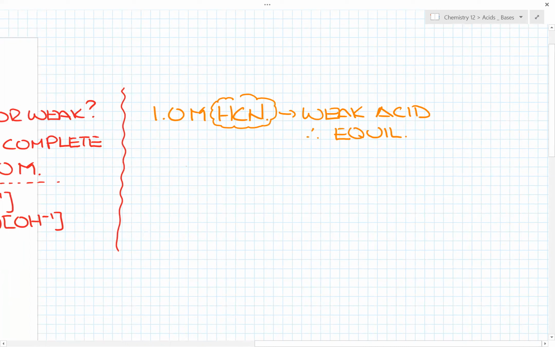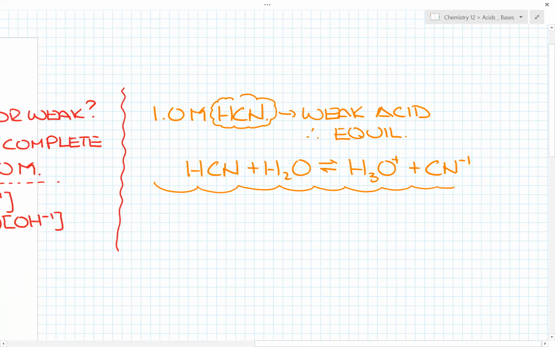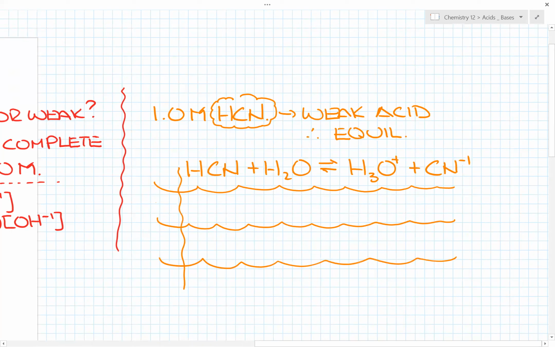So how do we approach this? HCN, you can add water here, is in equilibrium with H3O plus and CN minus. We have to do calculations, so what do you remember doing? Of course, ICE tables, the same setup, but we don't have to fill in water.